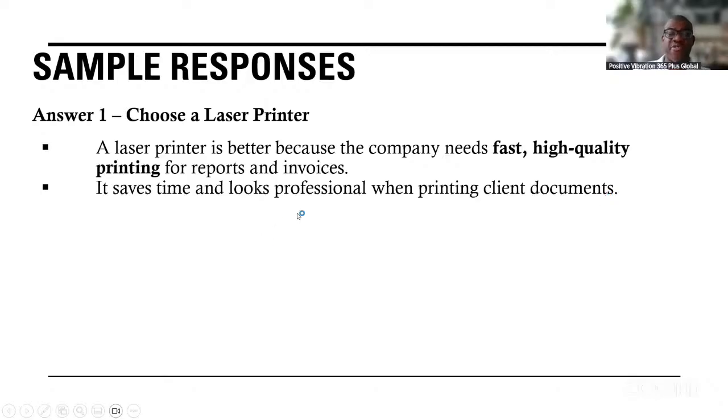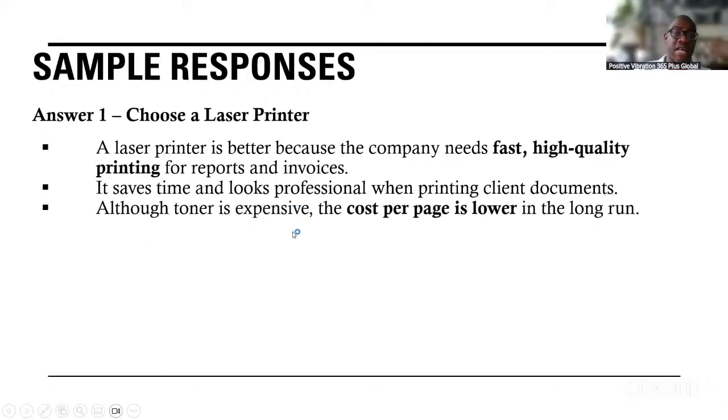You need to be able to give reasons from the statement. And although the toner is expensive, the cost per page is lower in the long term. This is me trying to address the low cost part of it, showing the examiner that I know what I'm thinking about. So the examiner might say, out of 4, this is maybe 2.5. But CXC does not round up, they round down. So they'll give you 2.